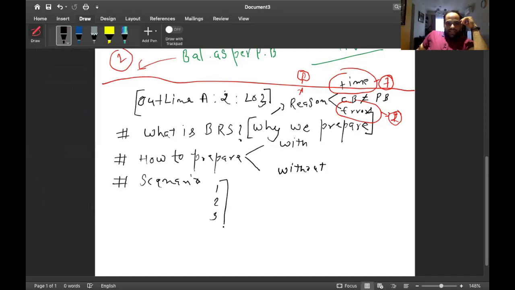In each situation, you have to prepare the bank reconciliation statement using the with method and without. Remember, you have to show both, the with method like this and the without method like this, right?